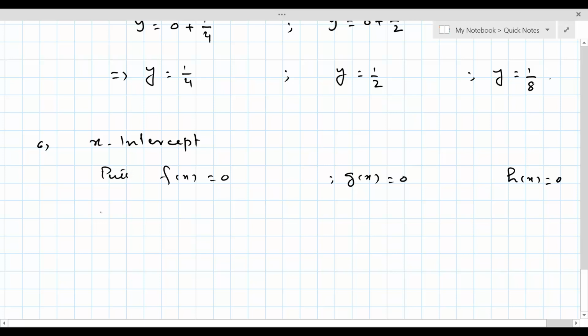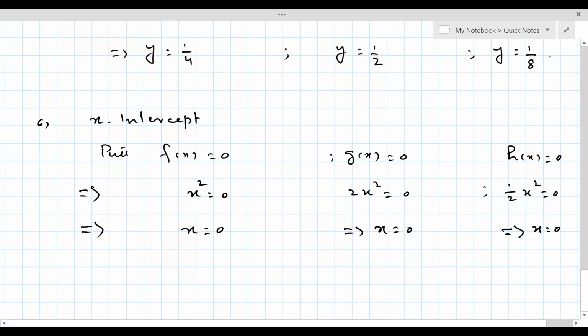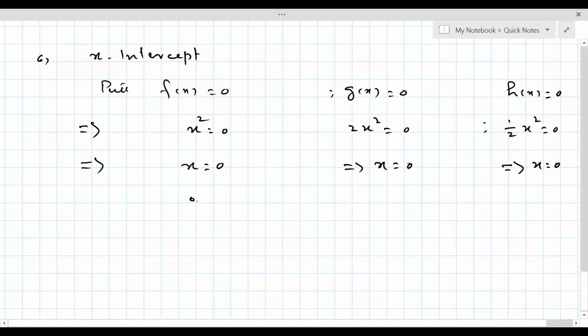This means we get x squared equal to 0. We also get 2x squared equal to 0. And here we get 1 by 2x squared equal to 0. This gives x equal to 0, here x equal to 0, and here x equal to 0 as well. This means the x-intercepts are 0, 0 for each.